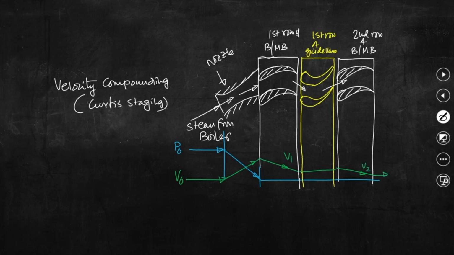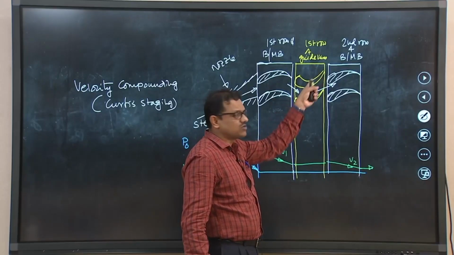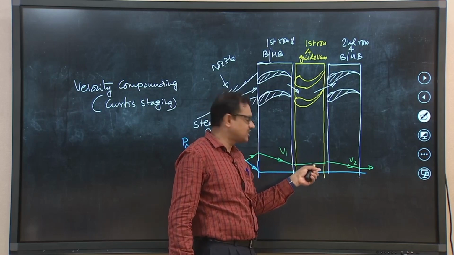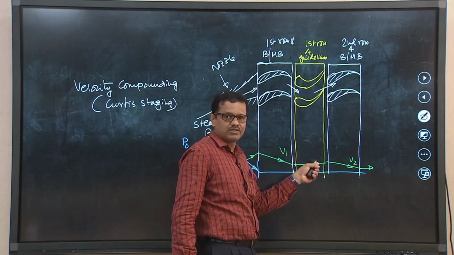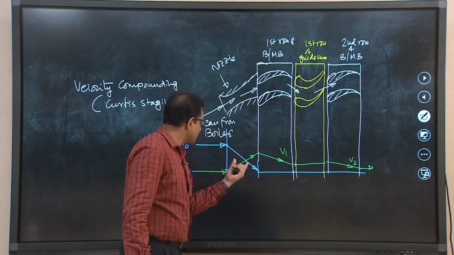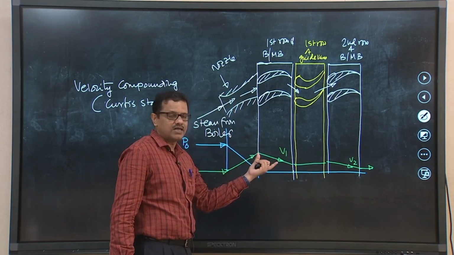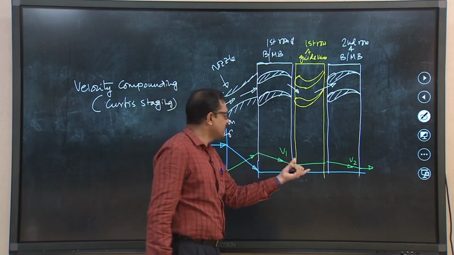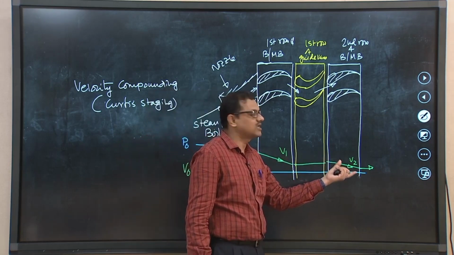This is the two stage diagram we have drawn, and you can see that while steam is passing through the first row of guide vanes, guide vanes are designed in such a way that there will not be any drop in velocity theoretically. So, the total rise in velocity is now partly utilized in the first row, and the remaining kinetic energy or velocity is utilized in the second row.